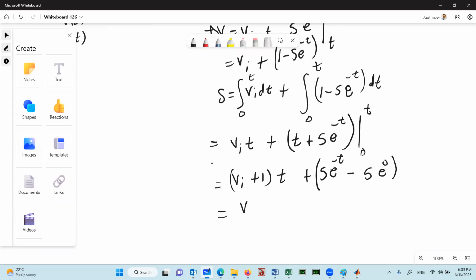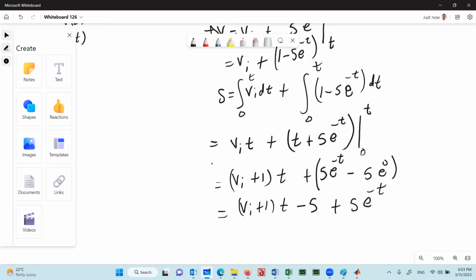It will become something of this form, minus 5, not 5. So this is the distance.